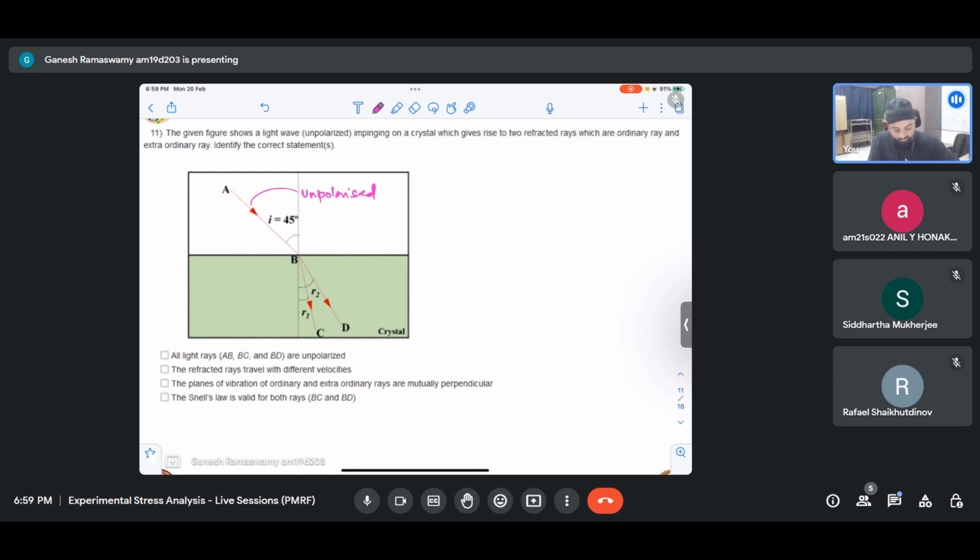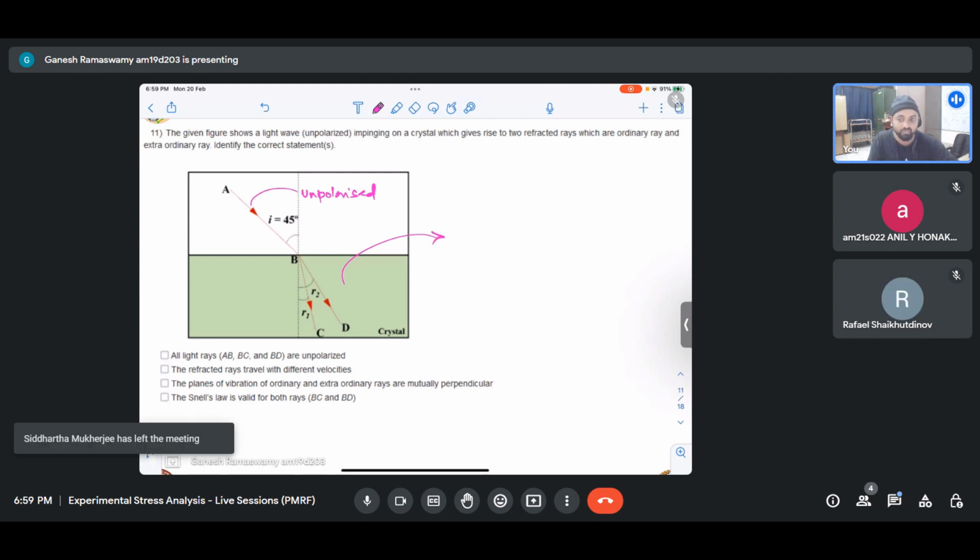We have two rays, namely extraordinary and ordinary rays, which are not in the same direction. This begs another question: if the incident light is impinging on that crystal at 45 degrees, can we comment about the optic axis of this crystal? It is naturally neither perpendicular to the impinging light, nor parallel. That is something to be kept in mind.